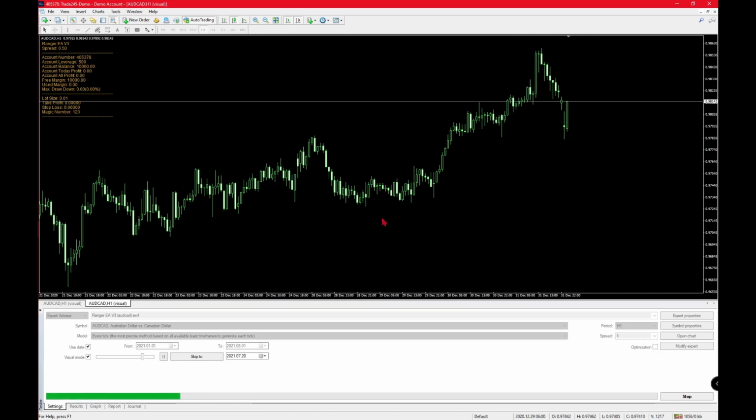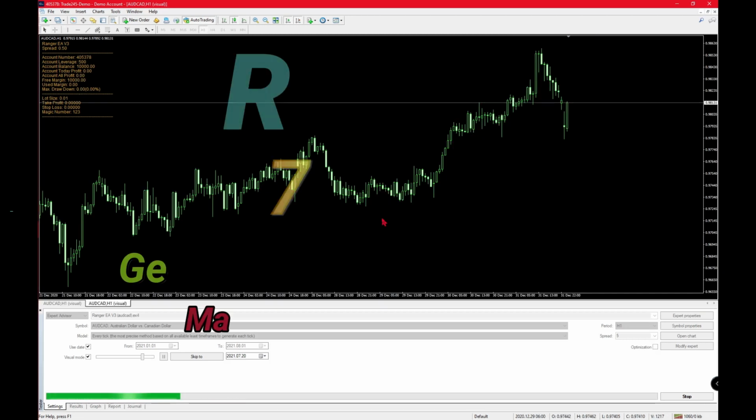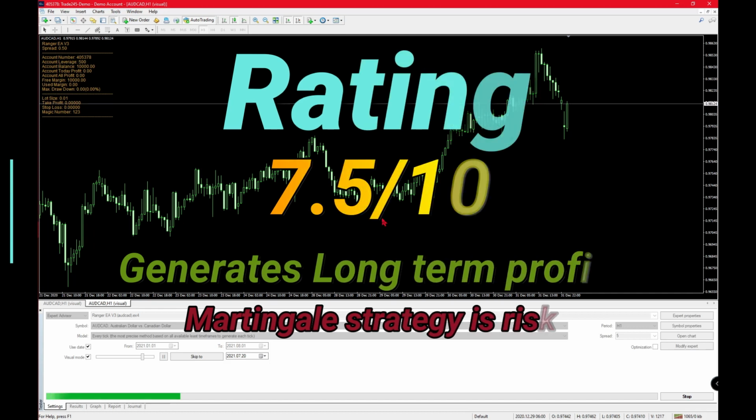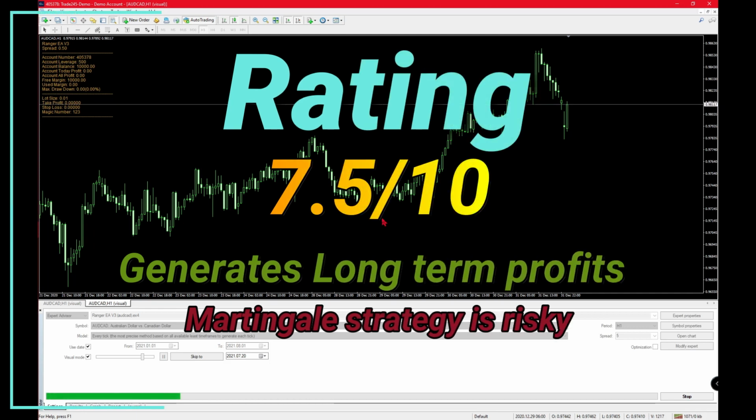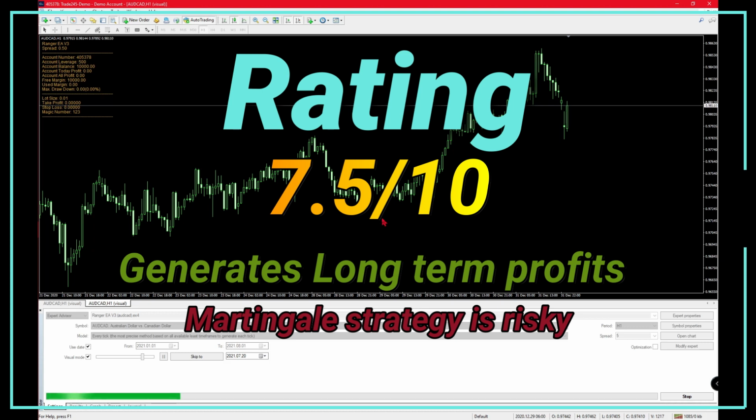If I was to give this robot a rating, I would give it a 7.5 out of 10. That is because the robot does generate a profit, and it's good for smaller accounts since it doesn't take trades every single day. The lot size that you can start out with is 0.01, and the maximum drawdown on the lot size of 0.01 isn't over a large amount of money.